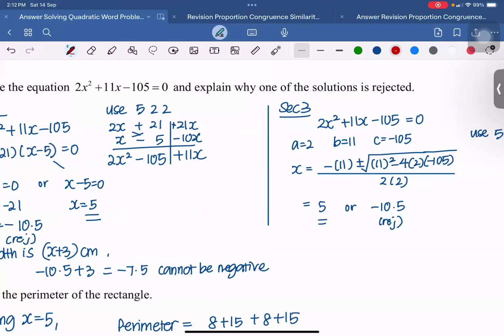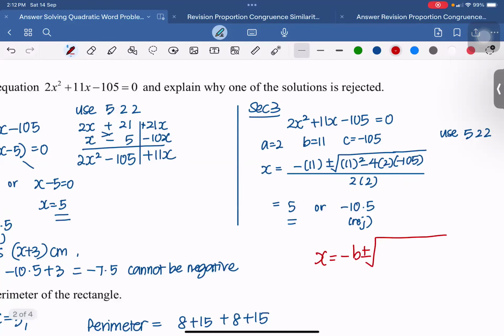Or maybe I should ask Wei Wen, do you remember the quadratic formula? Or is it a square minus b square? x equals to negative, plus or minus, correct? Let me give you a clue. b square, or b square plus c square, no, minus 4.